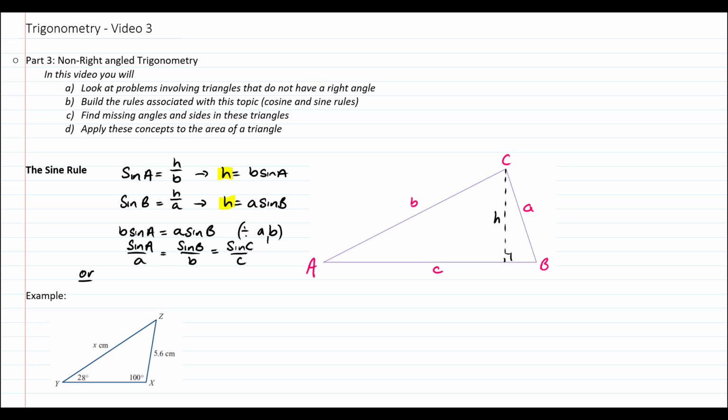Or we can have the second sine rule, which is where we have the reciprocal. A over sine A equals B over sine B equals C over sine C.